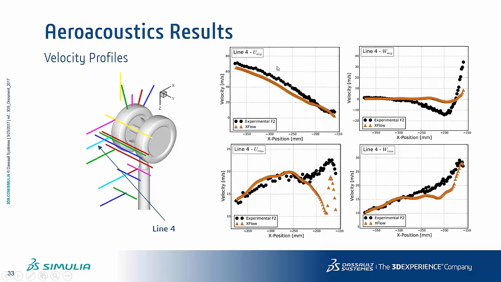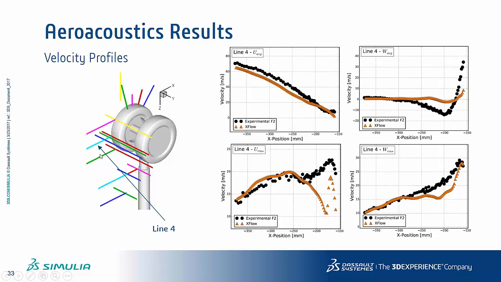So you see on the left side we've got the U component of velocities, and on the right side the W component of velocities. So we've got U, which is in the flow direction, so from right to left here, and on the other side W, which is here in this case the vertical component of the flow.